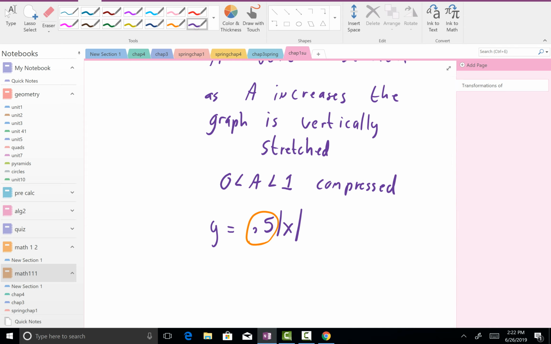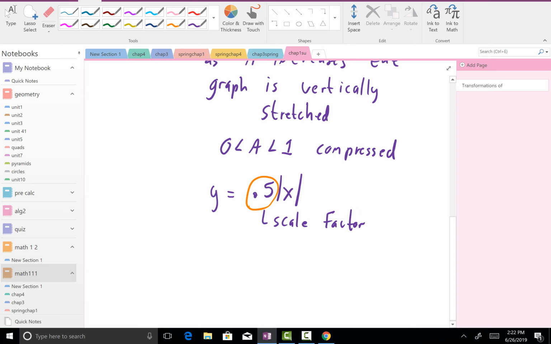That's what that's called. It is a scale factor. So that's how much it's scaled. So if we put a 2 there, that means that the curve has been vertically stretched by 2. And we'll put some numbers in and play around with it so you can see what's going on too.